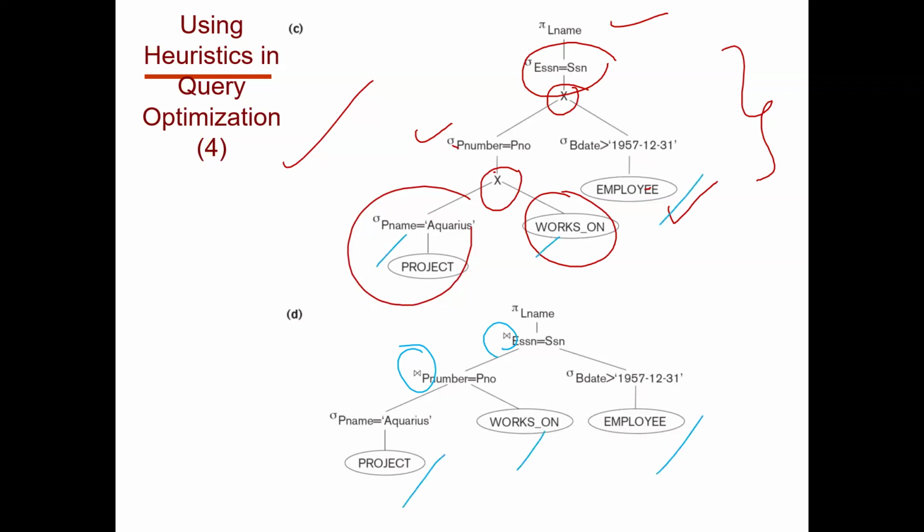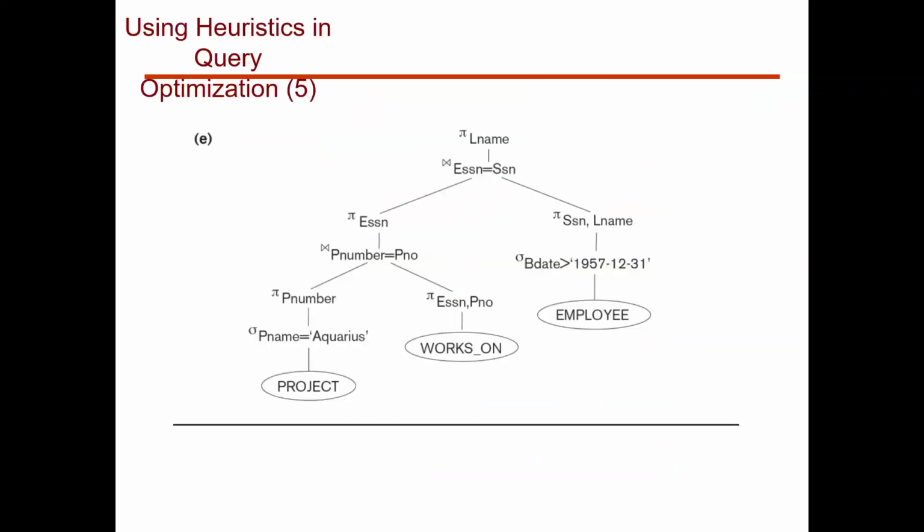Selecting the project with the name Aquarius, combining both of them by using join instead of cross product. Same thing, selecting employees with birth date greater than the given date, connecting them both by using a join instead of a cross product, and then selecting the last name. This is another variation, another canonical form.